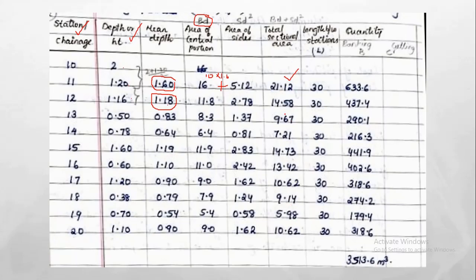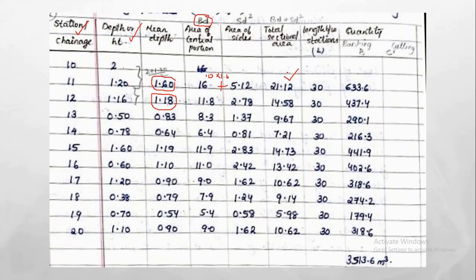So we got the area, right? We need to have the volume. Our final requirement is the quantity, and quantity is expressed in volume. For getting the volume, we have to multiply area with length. Here the length is the individual chainage: between the 10th and 11th, the distance is 30 meter, because the length of one chainage is 30 meter.